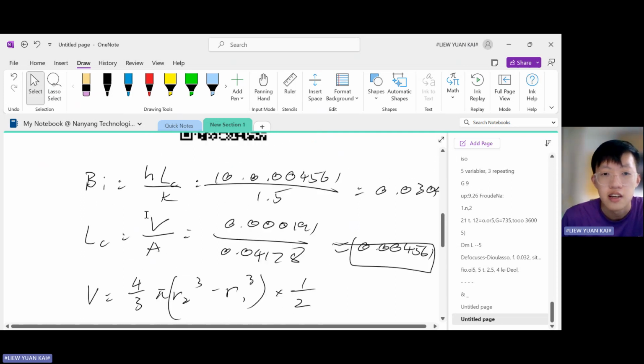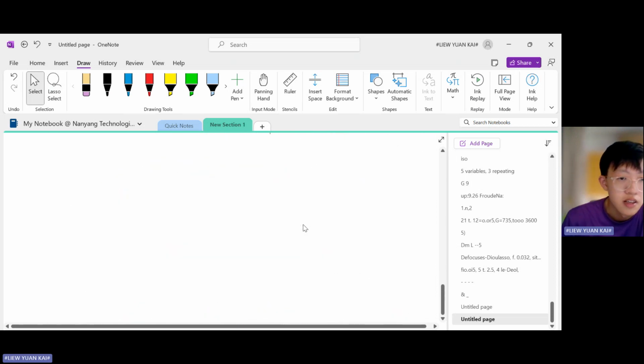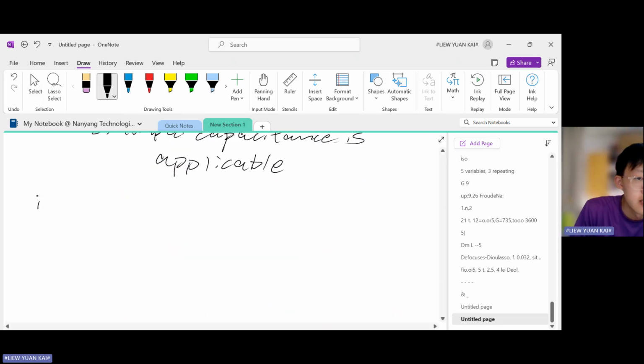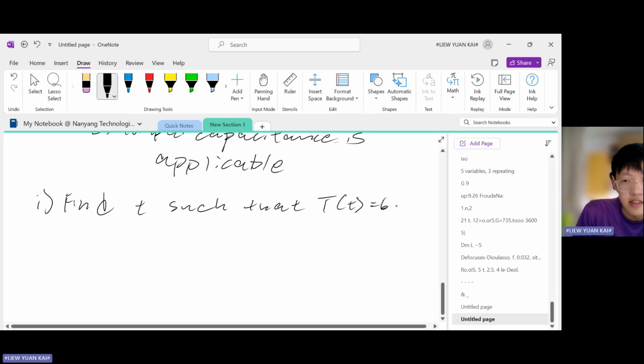But what are we asked to find again? We are asked how long it takes for the bowl to heat up to 60 degrees Celsius. In other words, find t such that the temperature at t is equal to 60 degrees Celsius. Once we have this down, it's clear what formulas we need. We need the time formula.